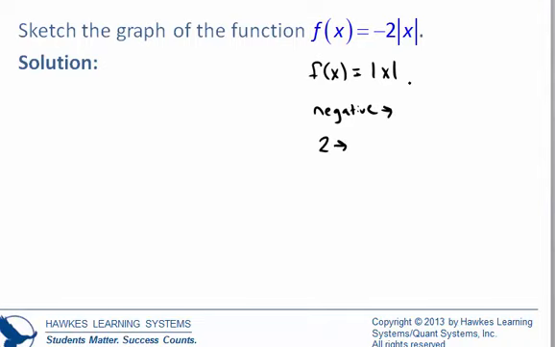So we need to think about what effect the negative is going to have and what effect the 2 will have on the base graph. We know that the negative will reflect the graph over the x-axis. And the 2 will cause the graph to be vertically stretched.